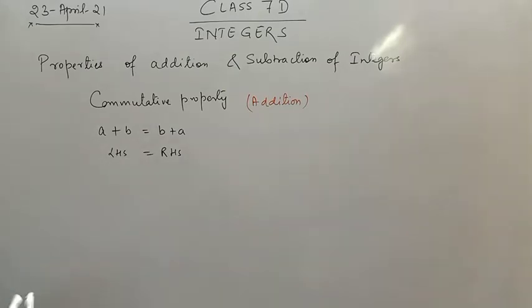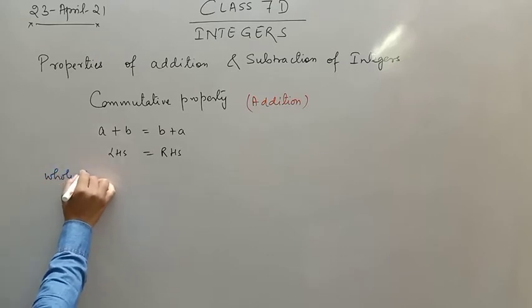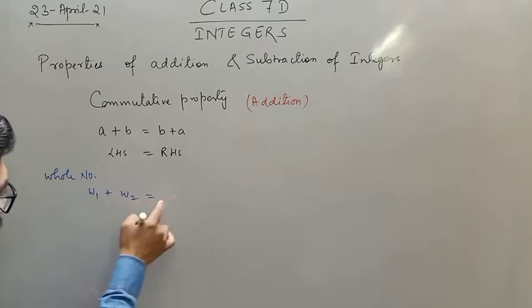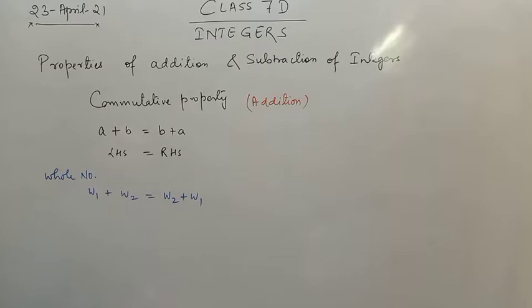So addition, and now let's take one example for whole number. W1 plus W2, if this is equals to W2 plus W1, then I can say that addition of whole numbers is commutative. For example, let's take one example 5. Let's take another example 3.